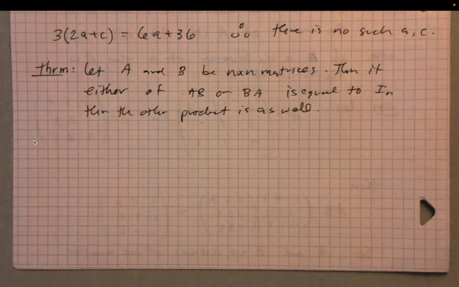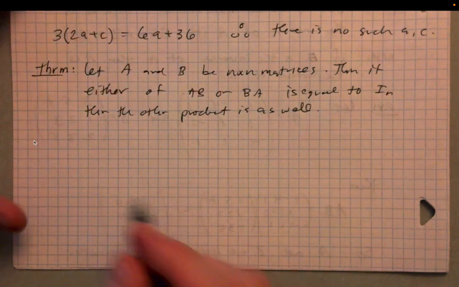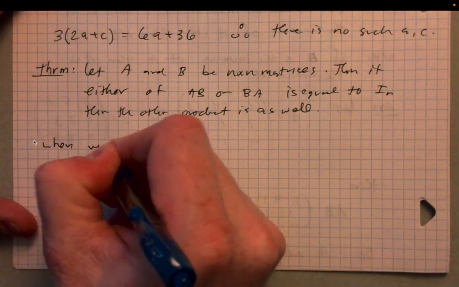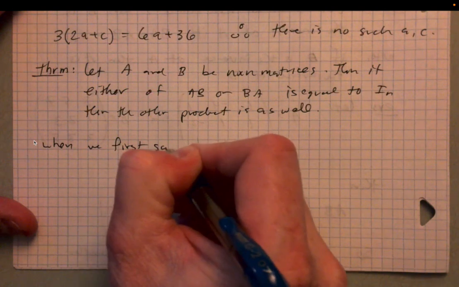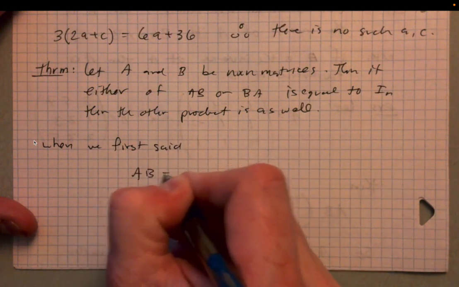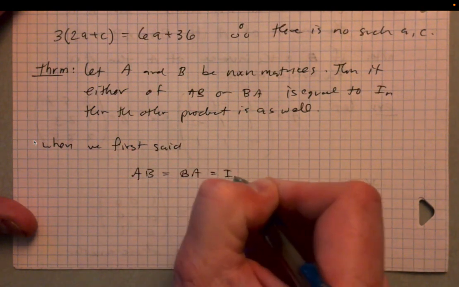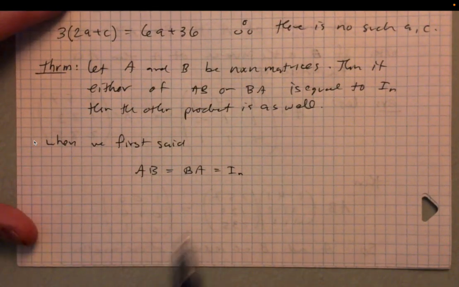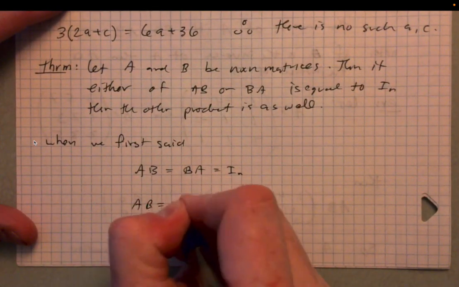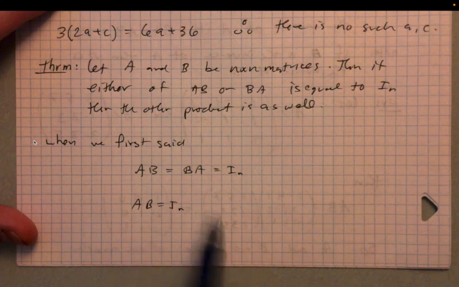When we first introduced the definition of an inverse, when we first said A times B equals B times A equals the identity, you may have thought to yourself, well, what if just A times B equals the identity, but not B times A?